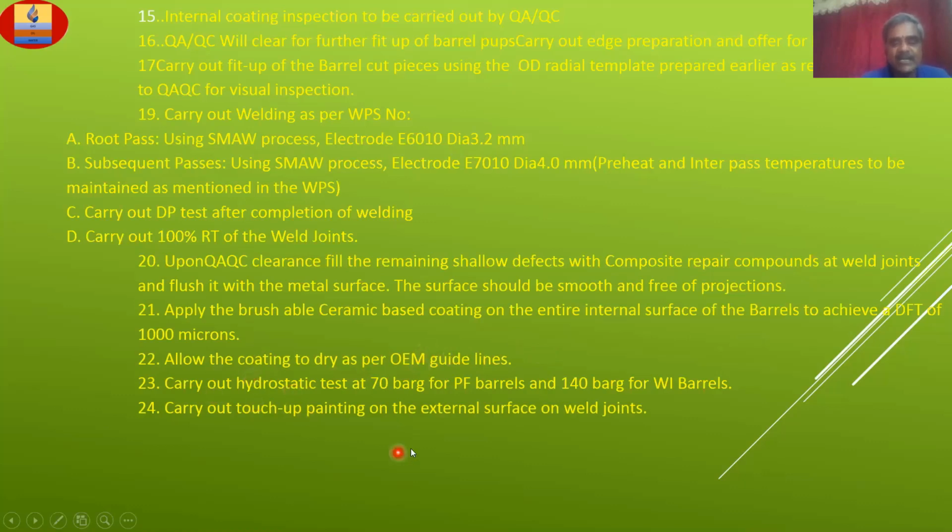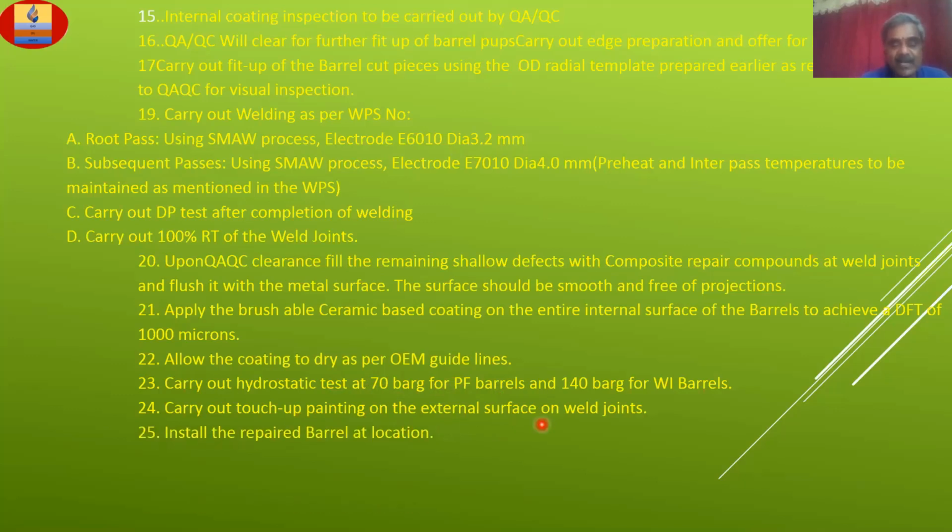Carry out hydrostatic test at 70 bar for process fluid lines barrels, 140 bar gauge for WI barrels, and this hydrostatic test pressure should be as per the design, as per the drawings only. Carry out touch-up painting on the external surface on the weld joints.